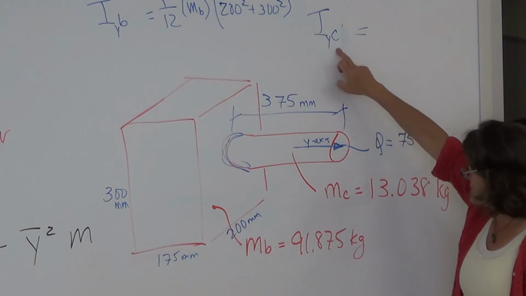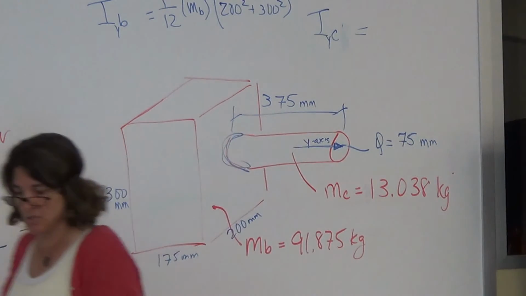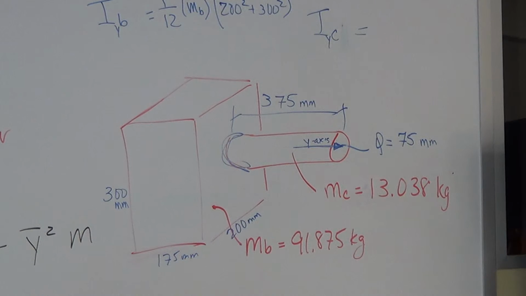Okay, how about this guy, the cylinder? Let's take a look. There's 2 cylinders here. One is called a slender rod, and one is called a circular cylinder. Look at the values that are used to calculate the moment of inertia. And think about it: are we dealing with a slender rod or a circular cylinder?